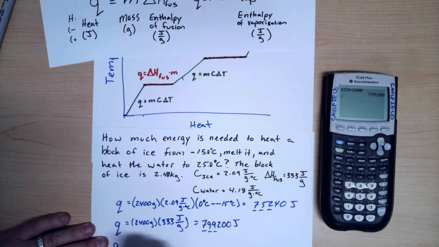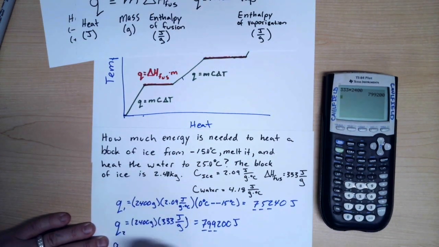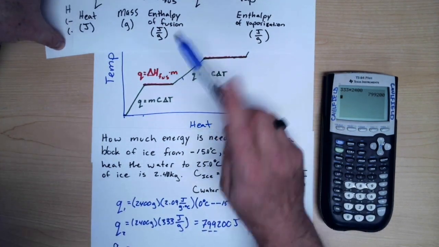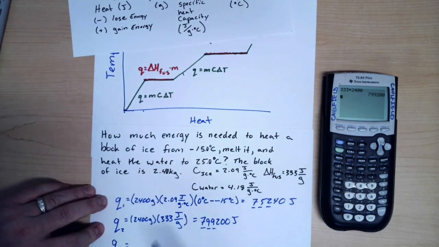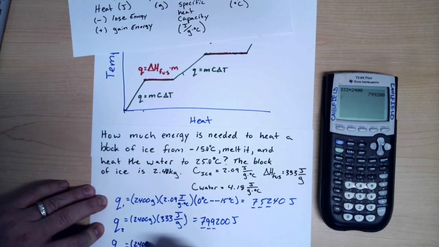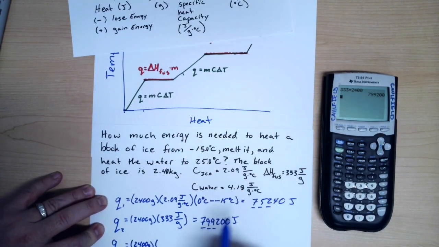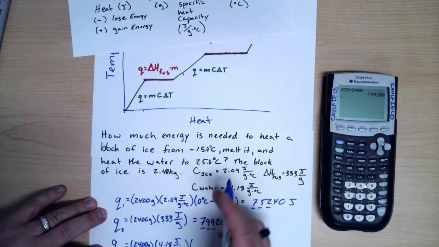My last Q, maybe I'll call these 1, 2, and 3, is going to be this little segment up here, another Q equals mc delta T. First my mass again, 2,400 grams. Now I need my liquid. I'm in the liquid phase by this point because I've melted everything. 4.18 joule per gram per degree Celsius times delta T, final minus initial.